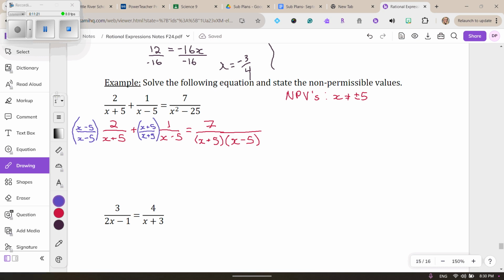Okay, my first fraction, I'm going to get 2x minus 10 on the top. The 2 gets multiplied through just like we did for adding and subtracting. And then the denominator is x minus 5, x plus 5.